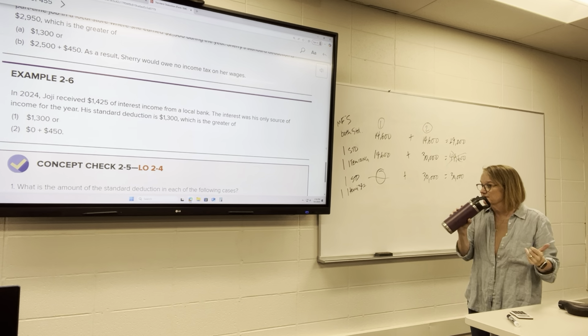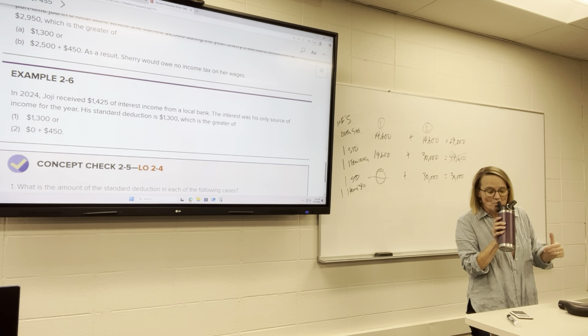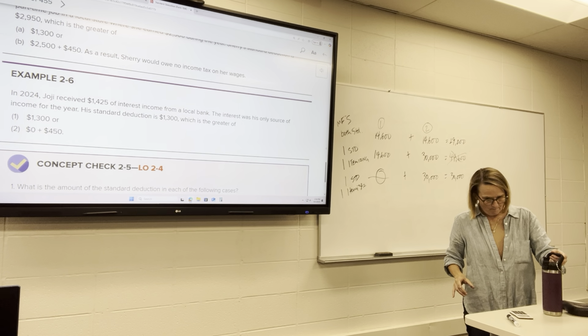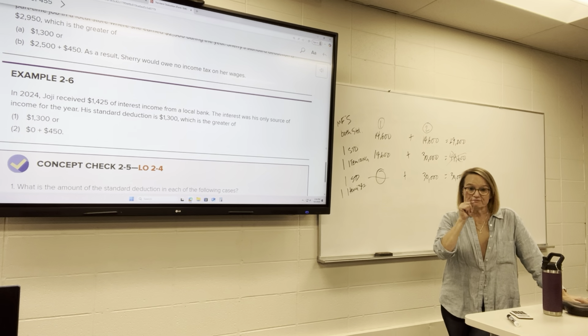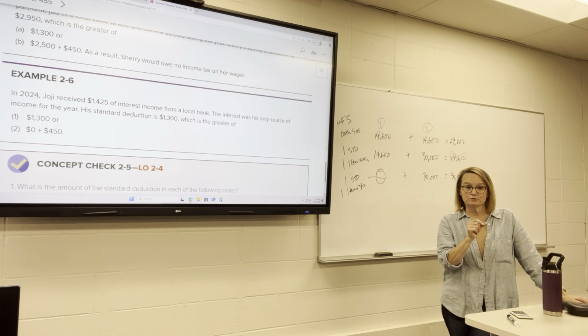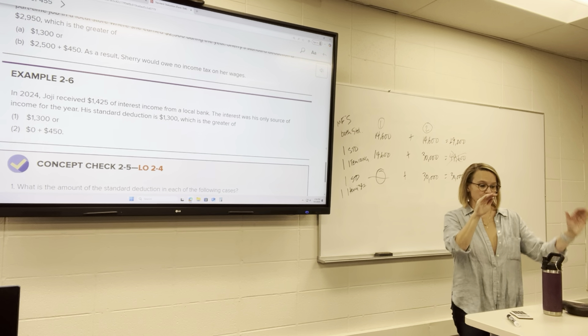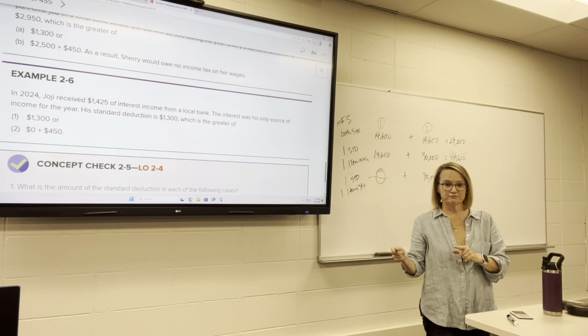I have a question. So are we saying if you could be claimed on your parents' tax return, then as a child, your standard deduction is gonna be $1,300? It's going to be whichever is greater, $1,300, or your earned income plus $450.